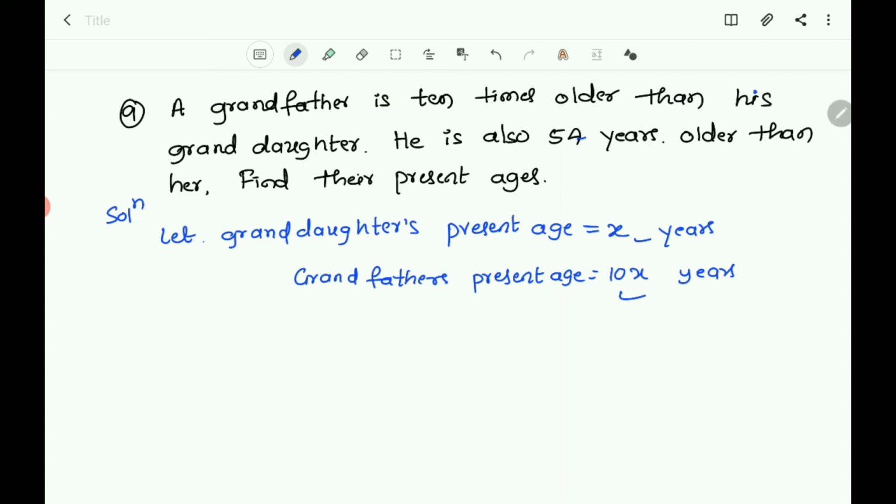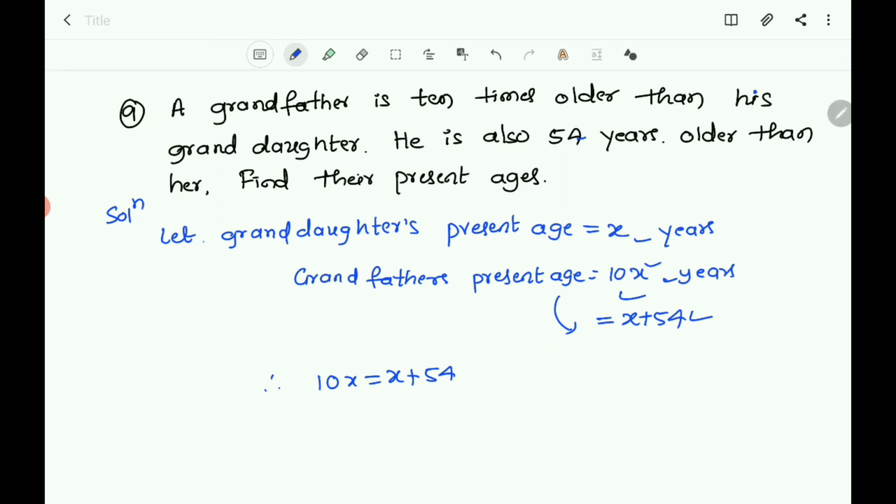According to the statement of the question, 10x equals x plus 54, so we can equate them.